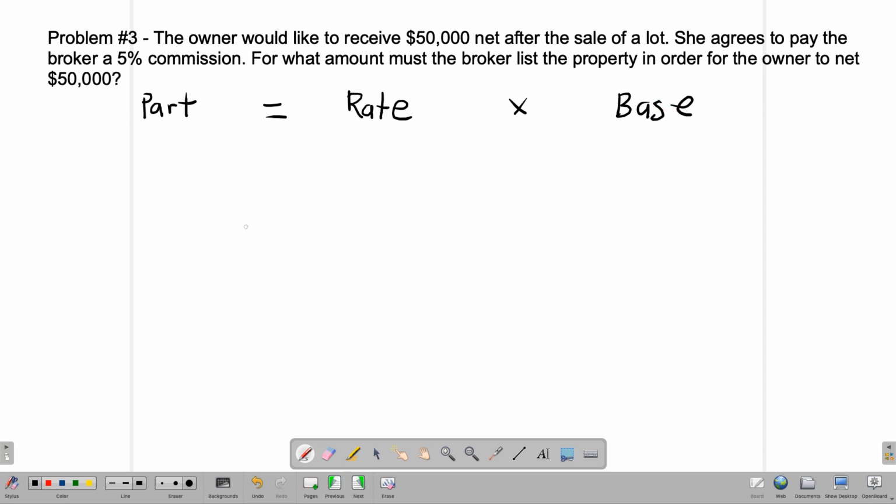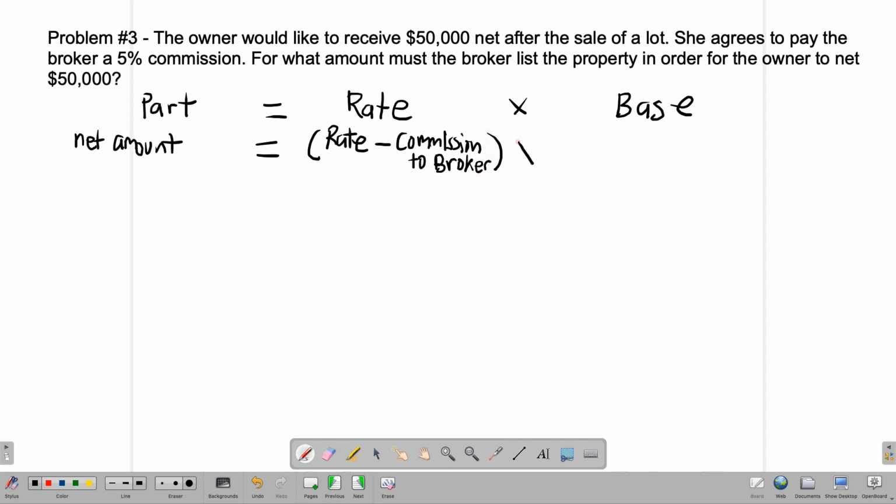Okay, so in this case the net amount is going to represent the part, and also we have the rate minus the commission to the broker would be represented here.